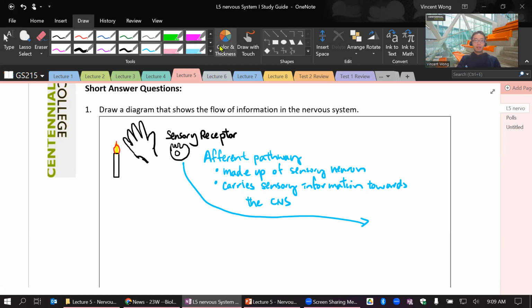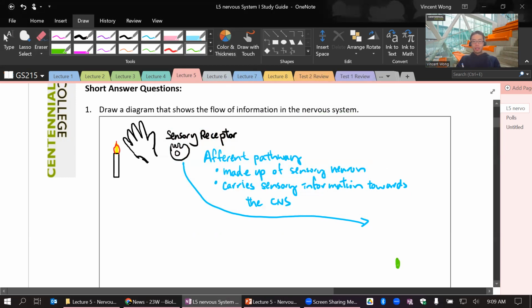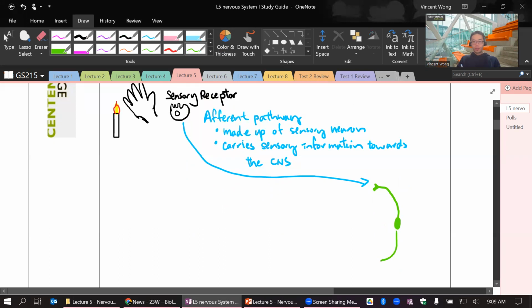Now, once we get to the central nervous system, we're going to have another neuron here, and this one actually has 2 axons. This is what we call an interneuron. Interneurons are only found in the CNS, only within the brain or the spinal cord.